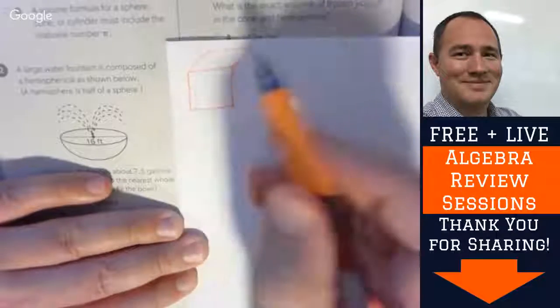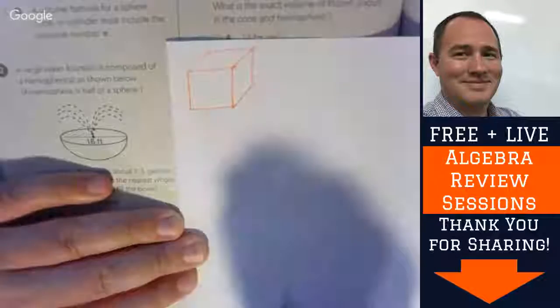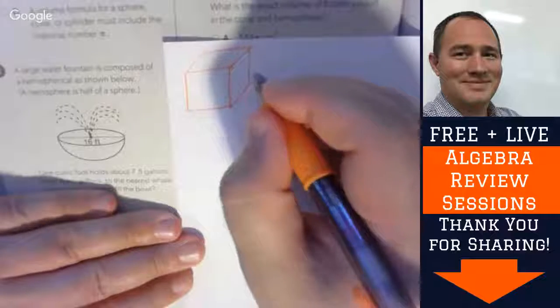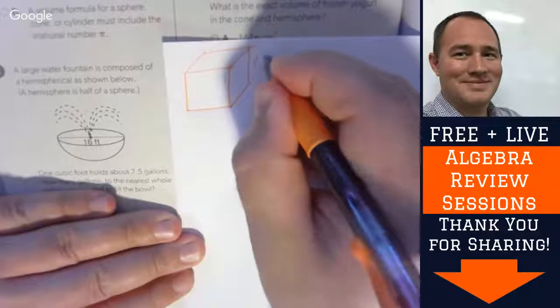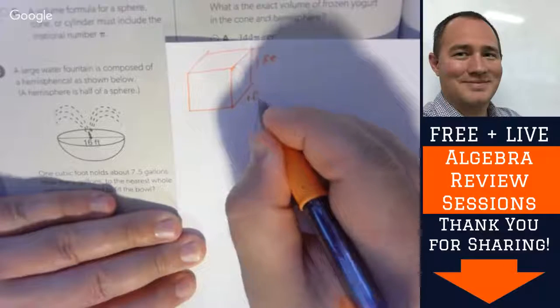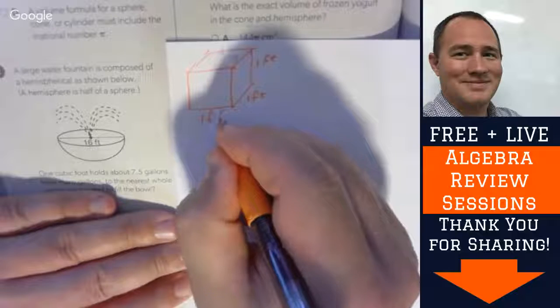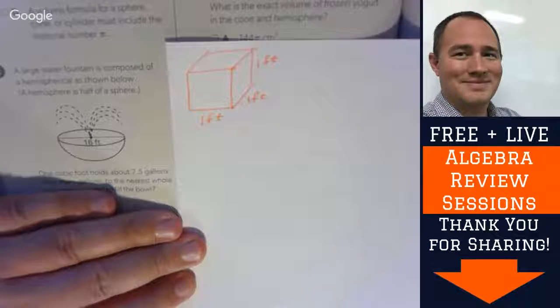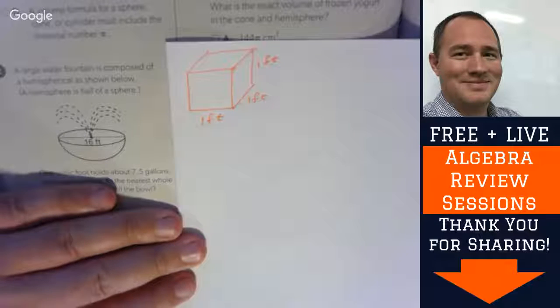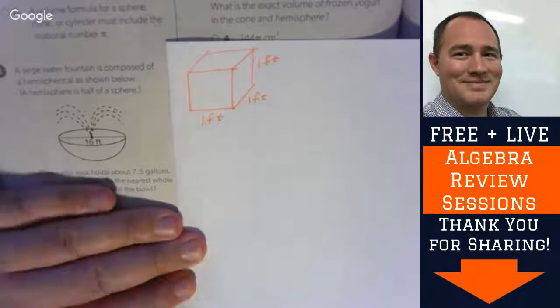Hopefully it's close to a cube. Okay, 1 cubic foot, which means it would be like 1 foot by 1 foot by 1 foot. That volume is going to be 7.5 gallons. So if we were to do that, maybe we'll do blue.